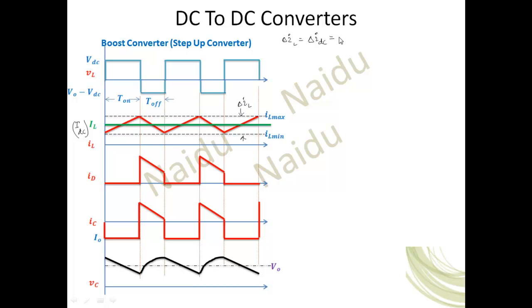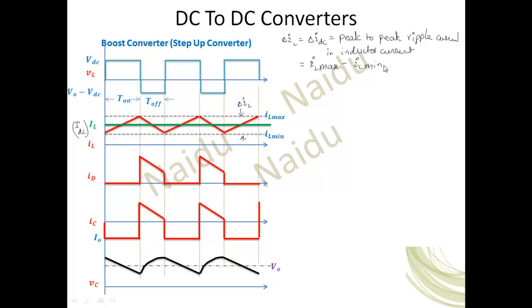That is nothing but the peak to peak ripple current in the inductor current, which you can take as IL max minus IL min.